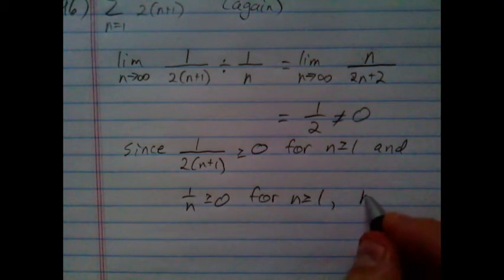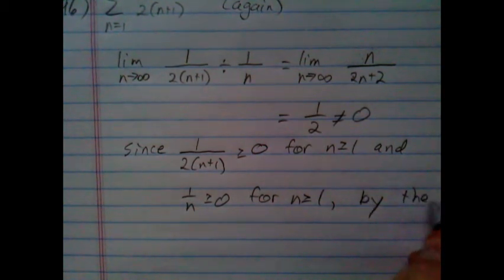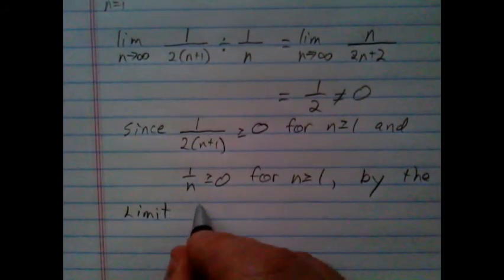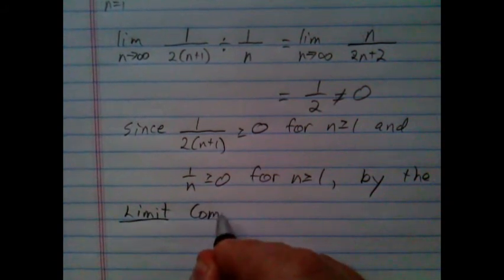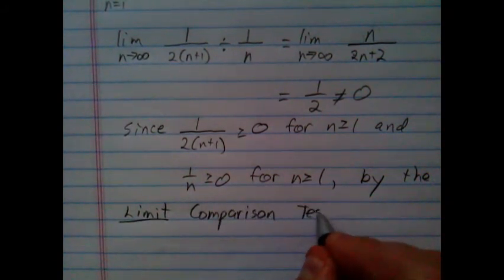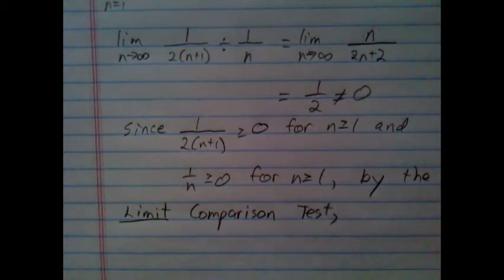So we can say, by the limit comparison test, underline limit, we're not using the regular comparison test. Oh, there is one more thing.